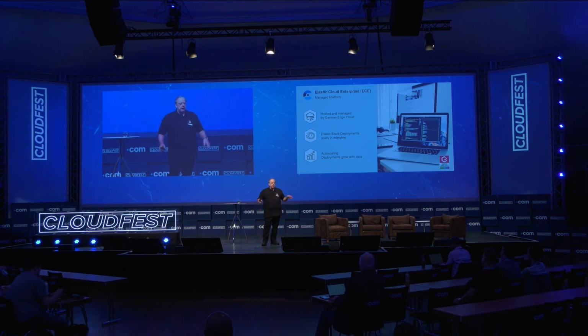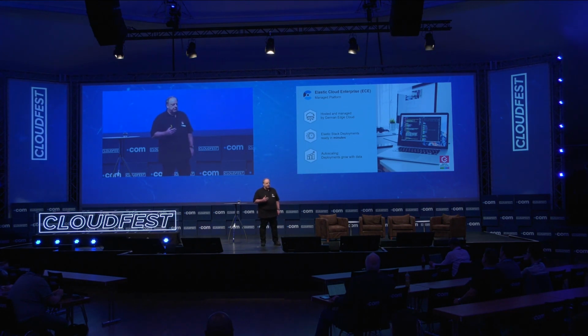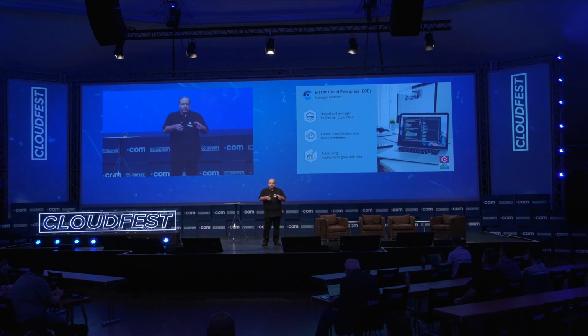This is a managed cloud platform hosted and managed by German Edge Cloud at our premises in Germany, and a cloud platform where you can spawn elastic deployments, meaning consisting of Elasticsearch, Kibana, machine learning, you name it, in minutes, and they are easily maintainable. And one of the key features is that it provides auto-scaling, meaning you can start your deployment small, and as your data grows, the deployment will grow automatically.